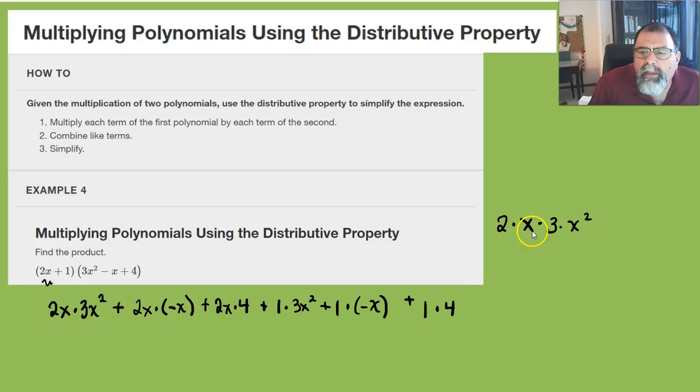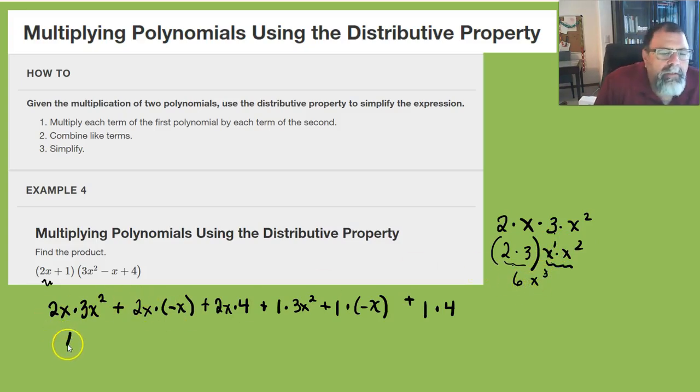So this is all multiplication, so I can switch the order around, and then use the associative property. 2 times 3 is 6, so I do the numbers, 6. And then I do the variables, x times x squared. I can use exponent rules: if you're multiplying the same base, you add the exponents. So this would be 6x cubed. So that first term is 6x cubed.